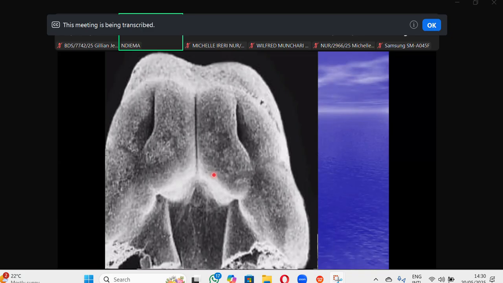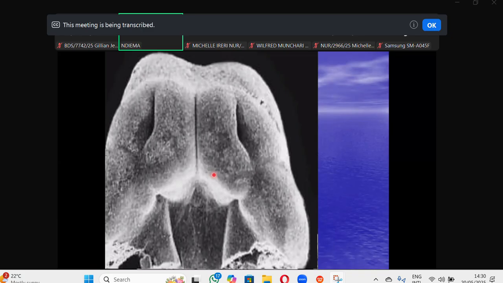This oronasal membrane initially is a very thick structure that sometimes is referred to as the oronasal film, and within the thick wall, it undergoes vacuolization. There are vacuoles developing. These vacuoles coalesce, and eventually the whole membrane becomes very thin.